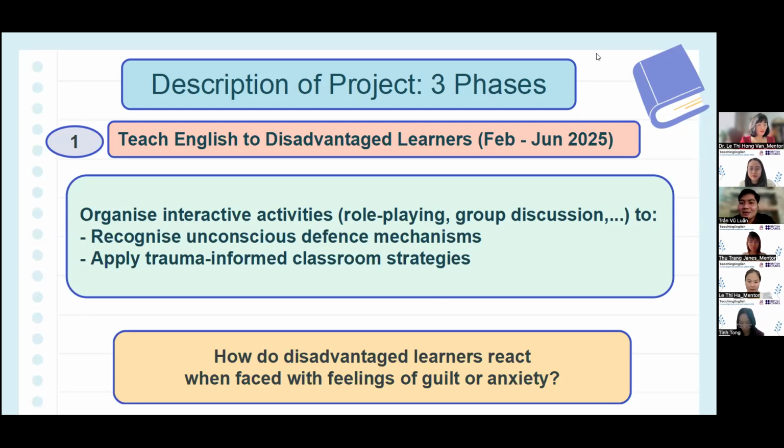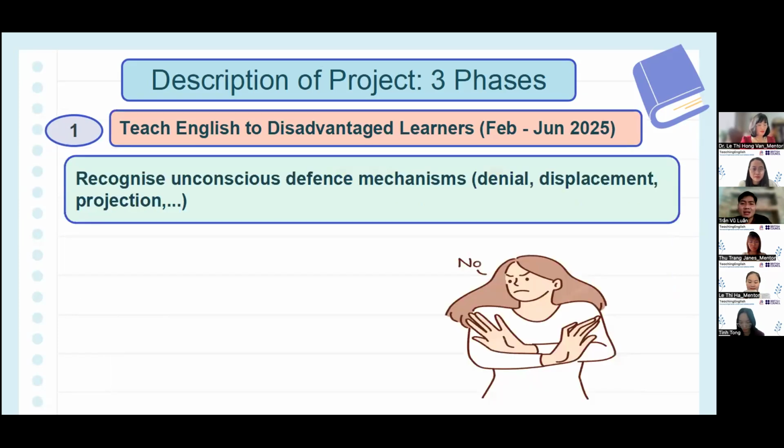Okay, now I will show you the different types of unconscious defense mechanisms. When you recognize them, you can deal with their challenging behavior. There are many unconscious defense mechanisms, but today I will introduce some of them, like denial, displacement, and projection.